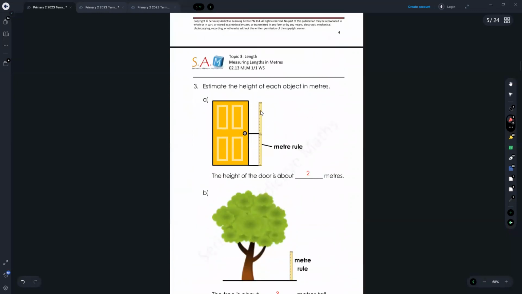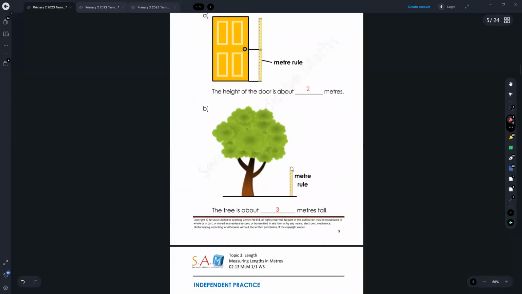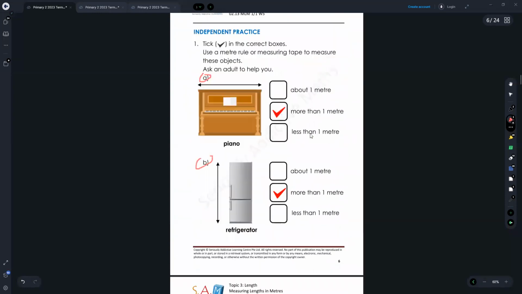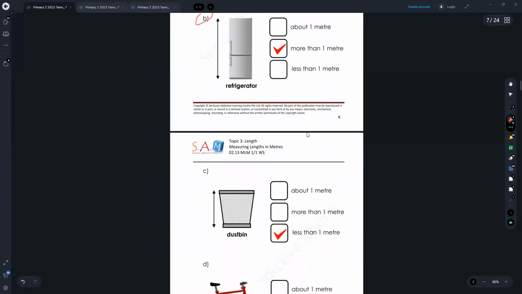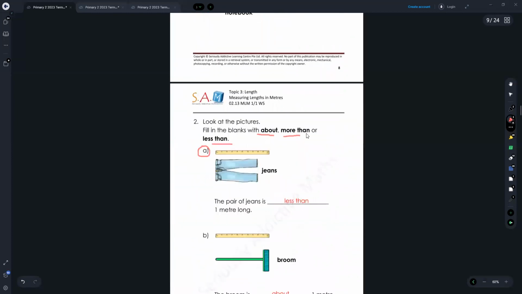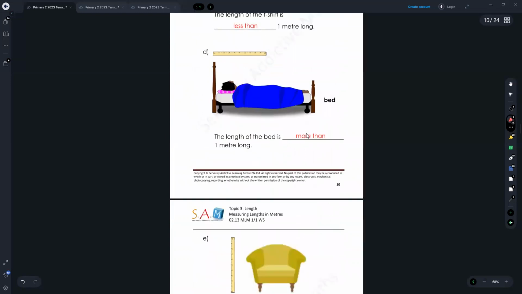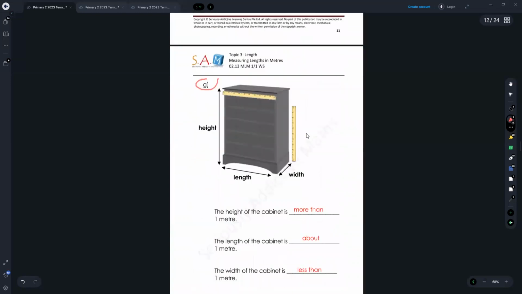So there's one here that would require them to draw out. I think this is about 3. They draw 3. And then there are circle questions here for them to do in class, just to make sure that they know how to do it. And you'll find in the answer key that I'll be WhatsApping to you as well.